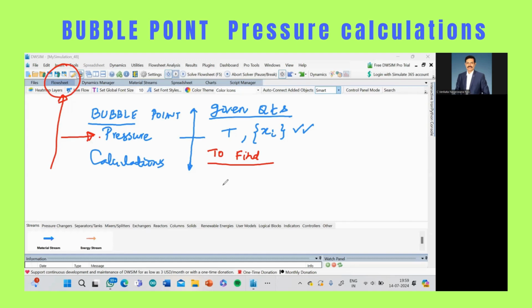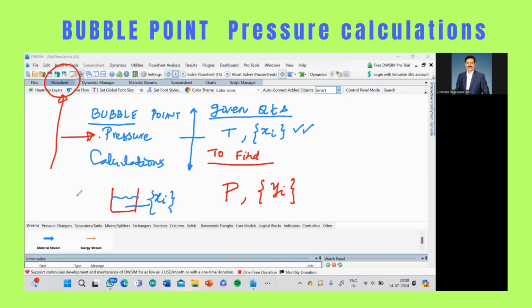Okay. Now, in this particular context, using DWSIM simulation, what are we going to estimate or determine? I'm going to determine the pressure and the vapor phase compositions. That means if I have a beaker with a certain liquid, initially I know the liquid phase compositions.